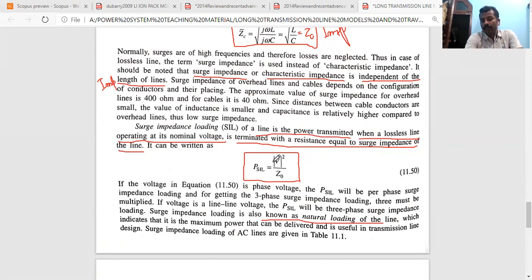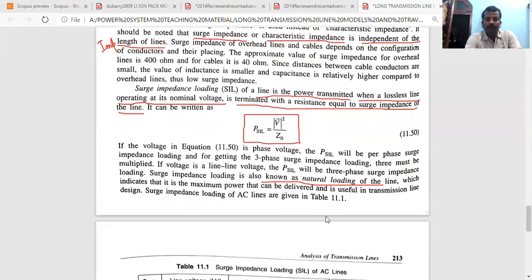Denoted by PSIL, it will be equal to simply V square by Z0, where V is the operating voltage and Z0 is the surge impedance. And this is also known as the natural loading of the line, right?